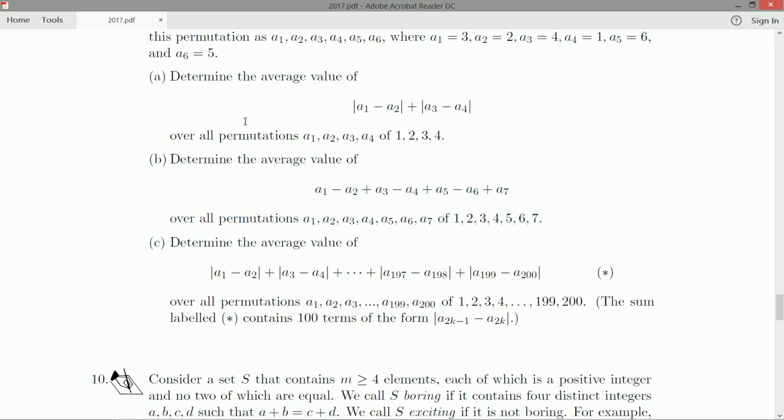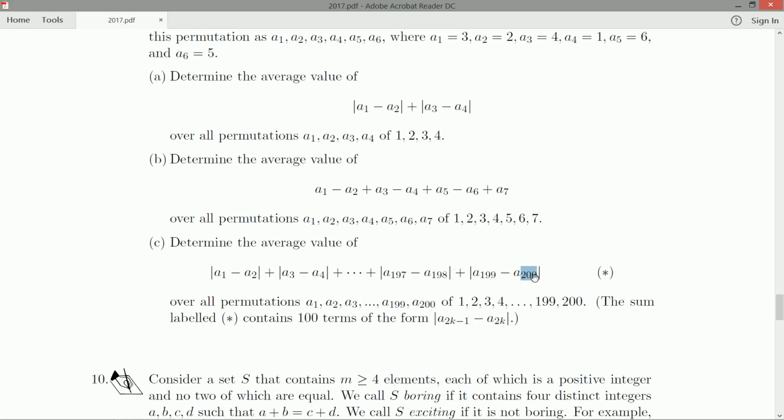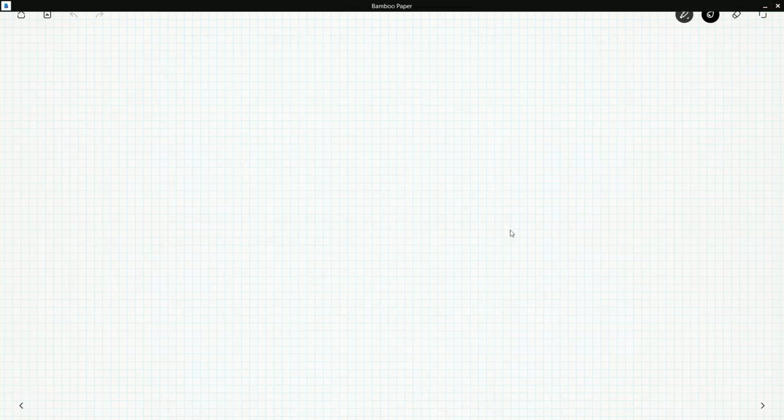So I'm probably going to want to try and do A and C together. C is just using 2n and then letting n be 100, basically. So we'll try and do A and C together, and then figure out what to do for B. Okay, so we'll go to our notepad.